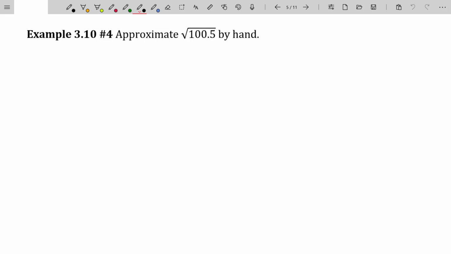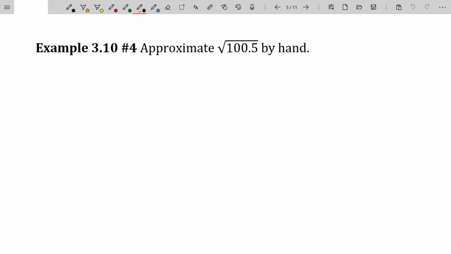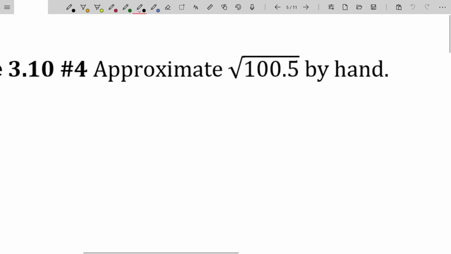By the way, I did not have to do 100.5. I could have chosen an infinite amount of other numbers. I'm just choosing the square root of 100.5 to get my point across. So what you're going to do is first determine the base function that's being worked on here. The base function is the square root of x.